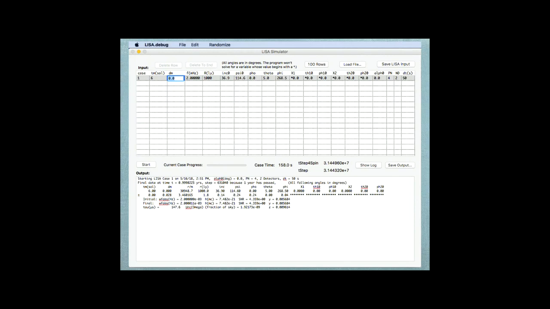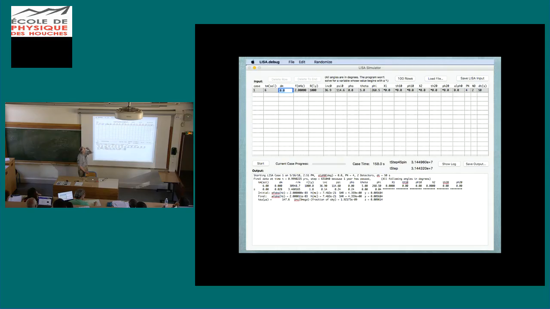I have a computer program called LISA that is modeling this for the LISA detector. You plug in sources, here are all the parameters that go into defining a source, and then it generates the gravitational wave from the source.